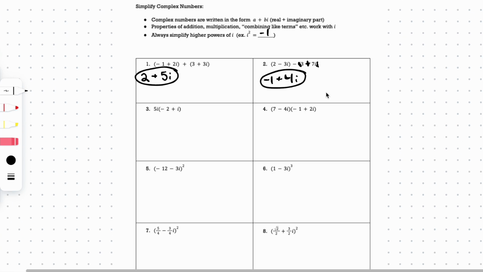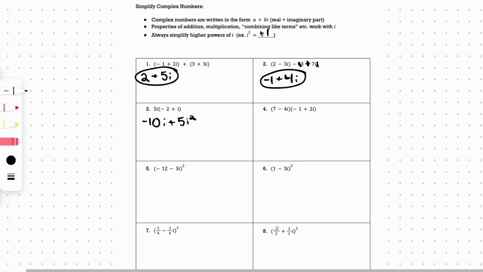Great. Okay, now let's do some distribution. So we're going to multiply each term in this parenthesis by 5i. So -2 times 5i is going to be -10i. And then we're going to do 5i times I. So that's going to be plus 5i squared. Well, we said up here we want to simplify higher powers.